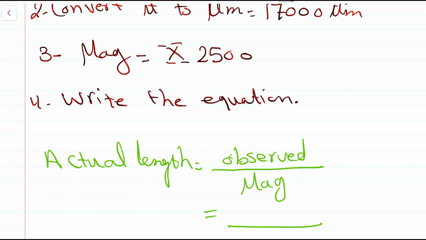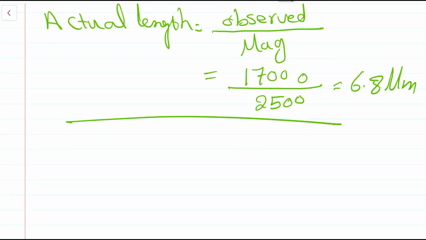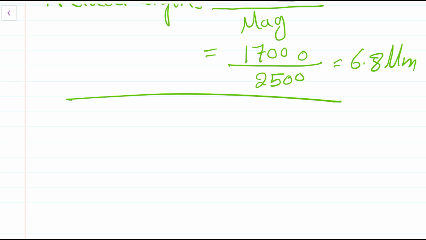So 17000 over 2500, which is 6.8 micrometer.